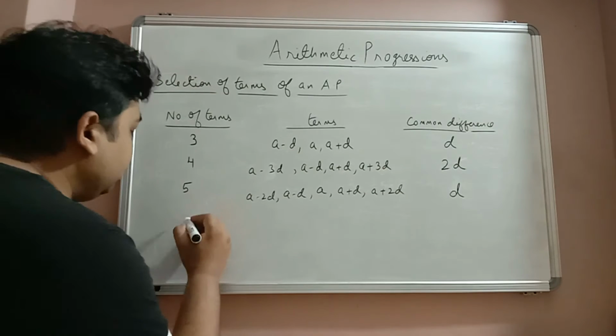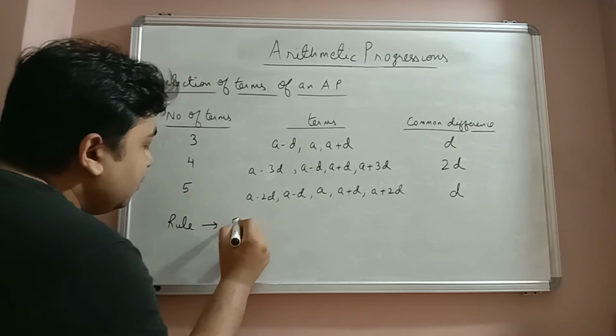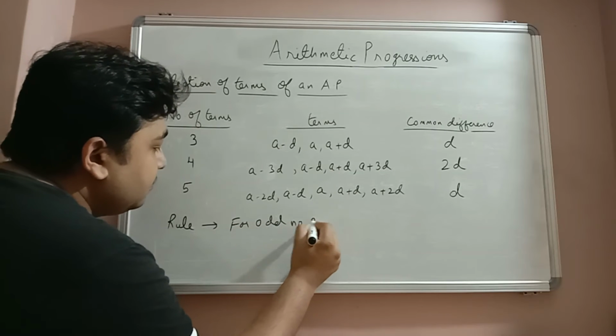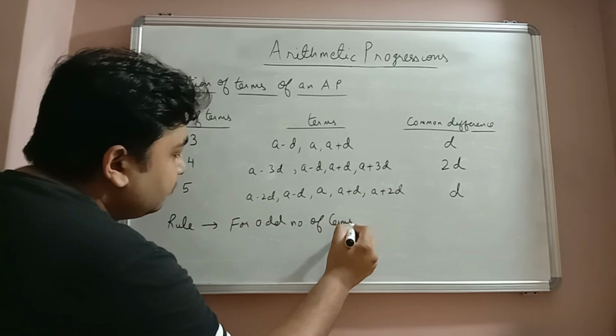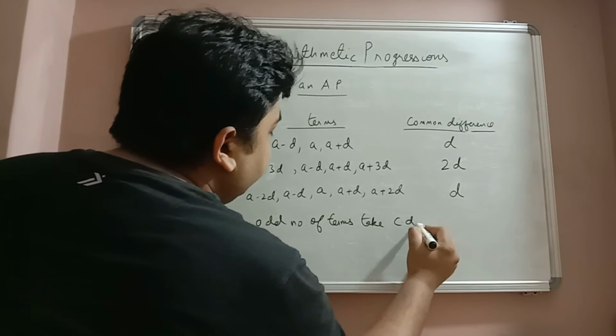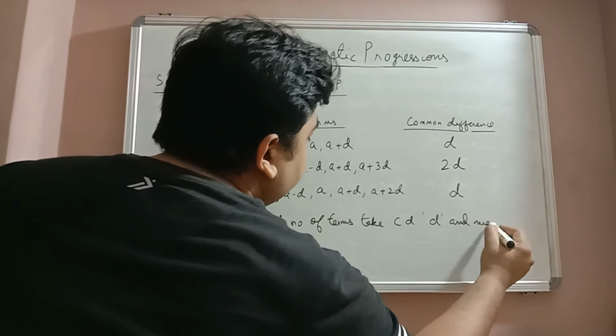So let me write down the rule. For odd number of terms, take common difference d and middle term a.